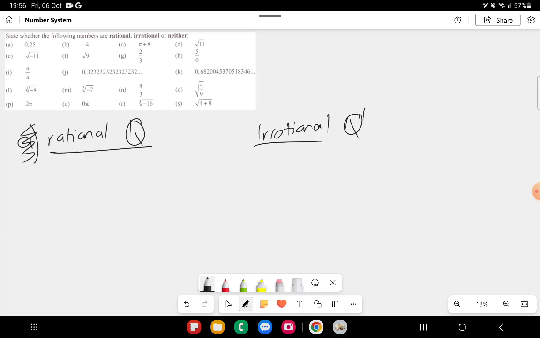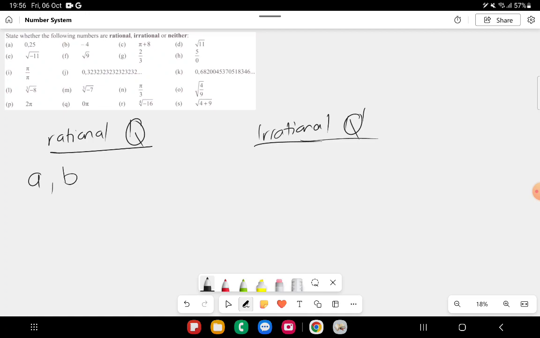So let's see where we're going to put everything. We're going to put A under rational. B, -0.4, that is rational. It's an ending number. It's an integer. It's rational.